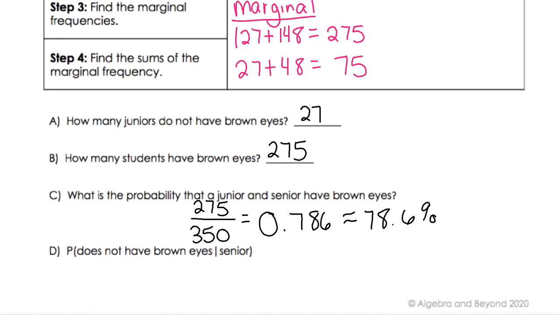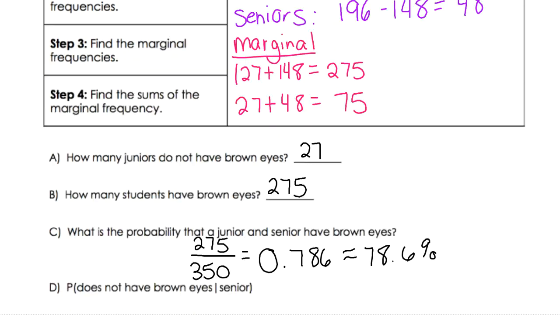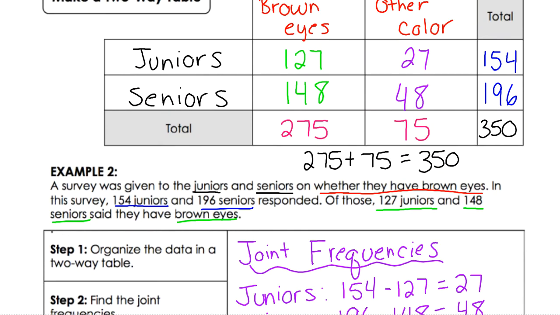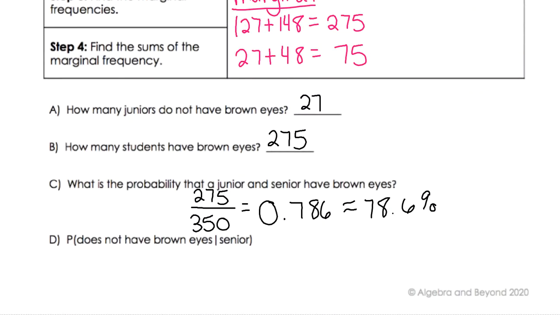For part D, again, it's another conditional probability. The probability that someone does not have brown eyes, given that they're a senior. So when we look at this one, we're looking at just our seniors. So we have 196 seniors. That's my total now, remember?